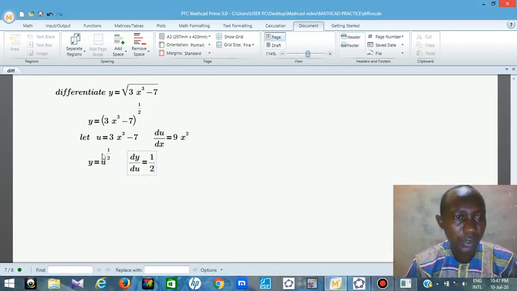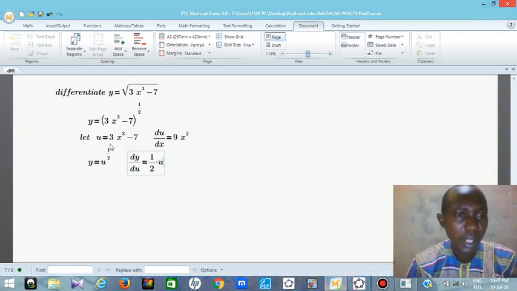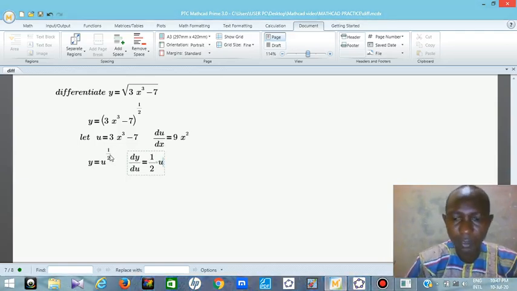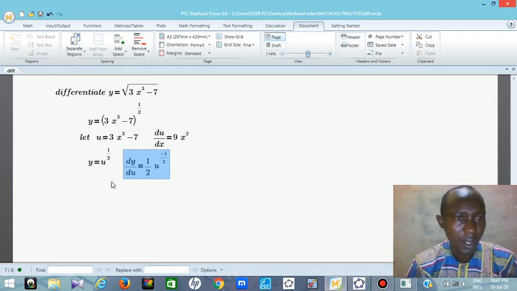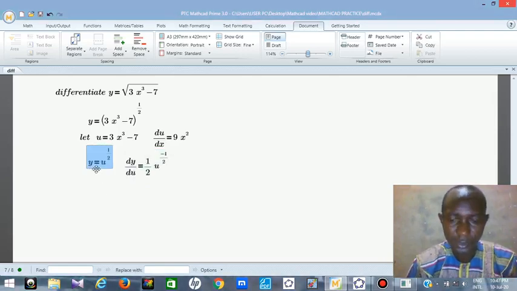The power is going to multiply the coefficient, which is 1 over 2, u raised to power what? Half minus 1, which is minus half. So raised to power minus 1 over 2. So by the time you get this, you see there's no issue and no problem.